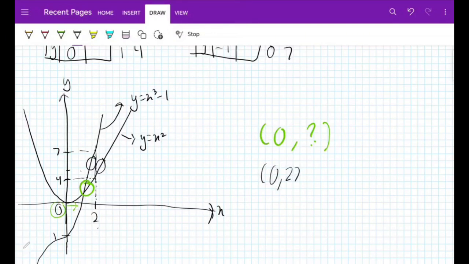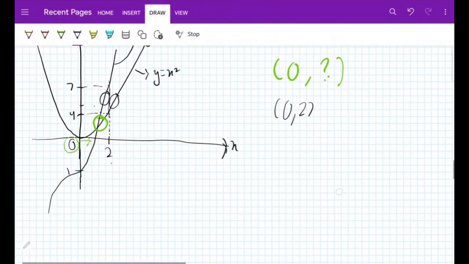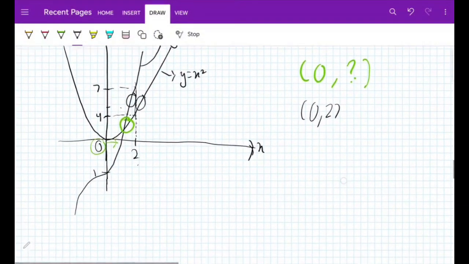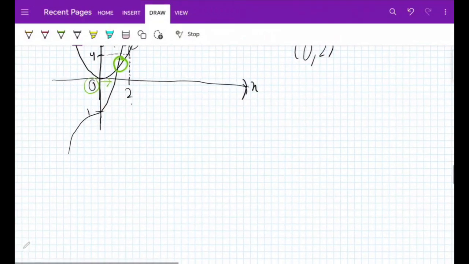Once we've got it, we just make a conclusion.